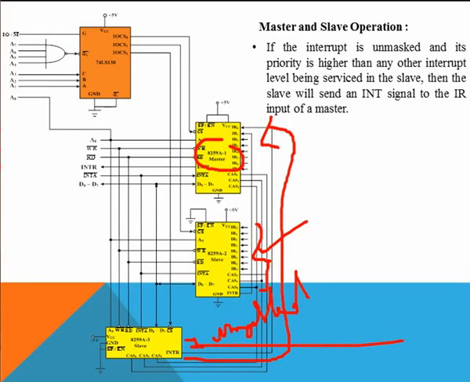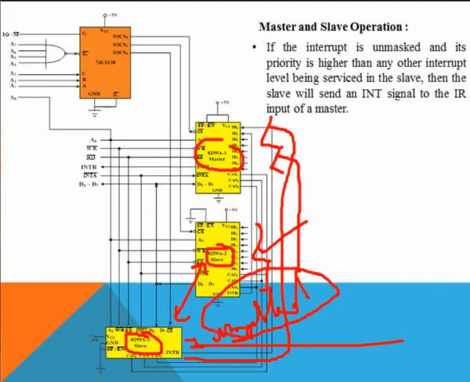It means that if the second or third 8259 receives an unmasked interrupt signal with higher priority, it will send the INTR signal to the IR input pin of the master 8259.